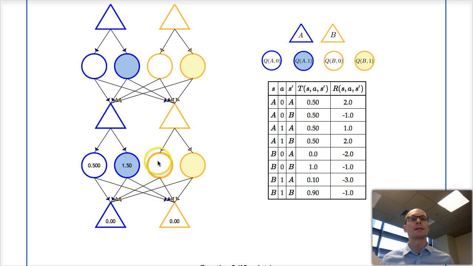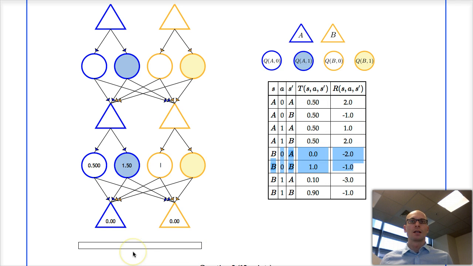Here's our value. Then here we're in state B, we just took action 0, so we are in this section of the table here. There is 0 probability that we transition to state A, and probability 1 we transition to state B with a reward of -1. So we have 0 times -2.0 plus the value at the next time is 0, plus 1.0 times the reward of -1 plus 0 at the next time.